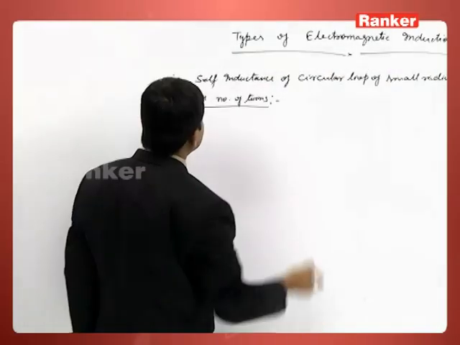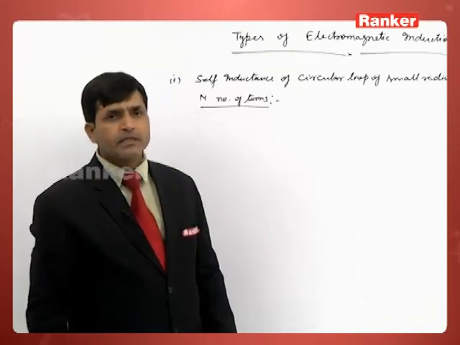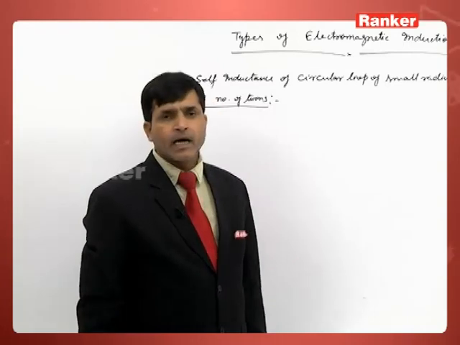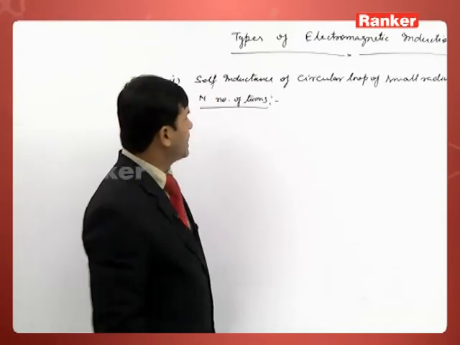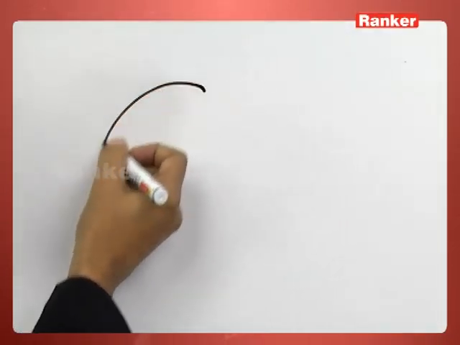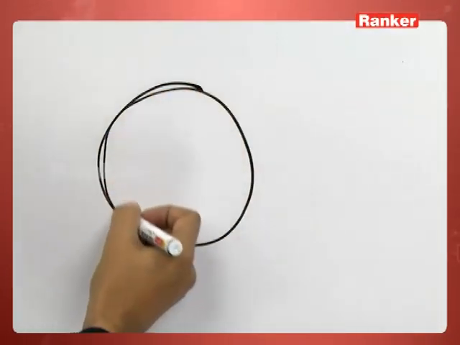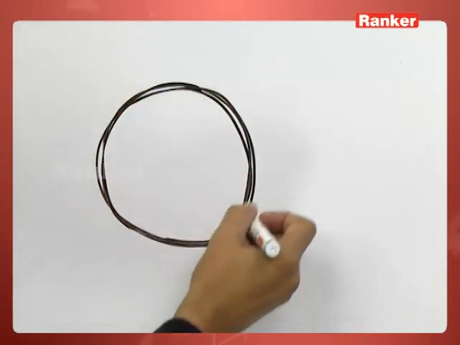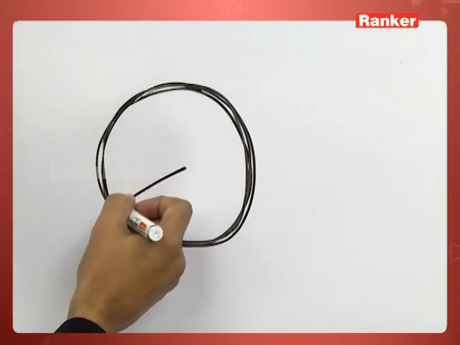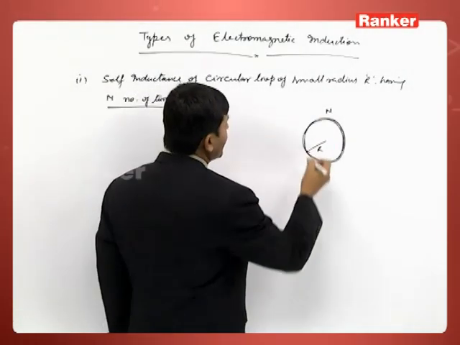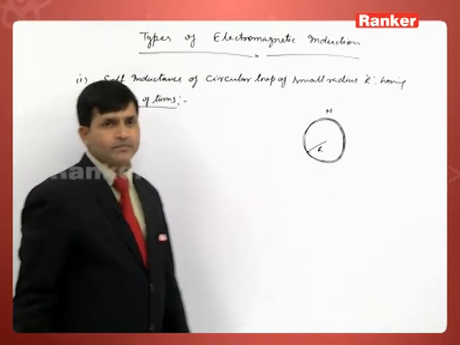Now we would like to find the self-inductance of a circular loop of a small radius R having n number of turns, like this. This is the circular loop, and in this circular loop, let n be the number of turns and R the radius.